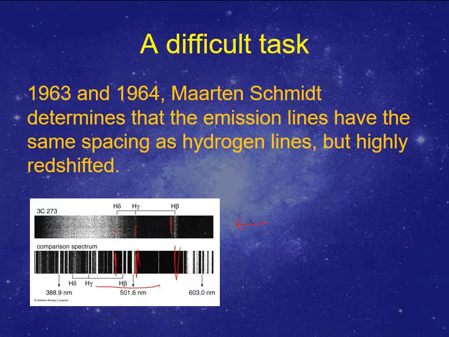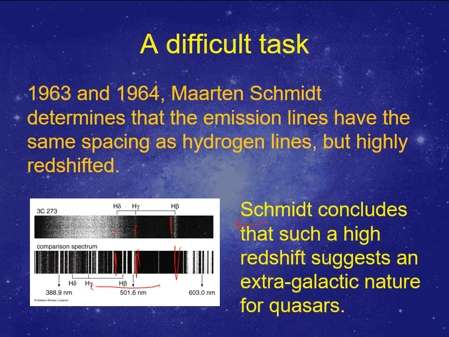and they were massively redshifted. And so Martin Schmidt made these determinations, and then all of a sudden we realized that we're looking at something super redshifted. So what does super redshifted mean? Well, Schmidt insisted that meant that they were super far away.